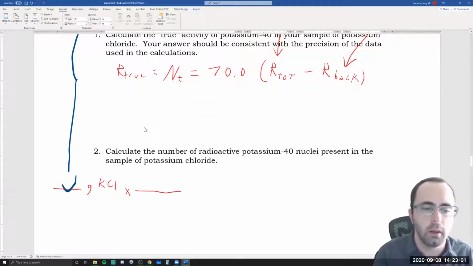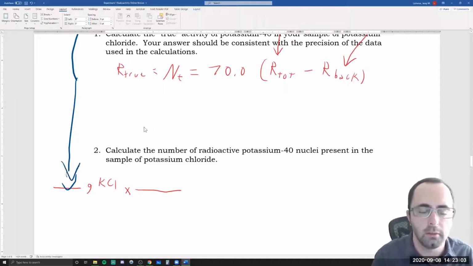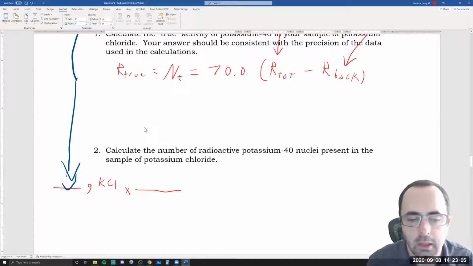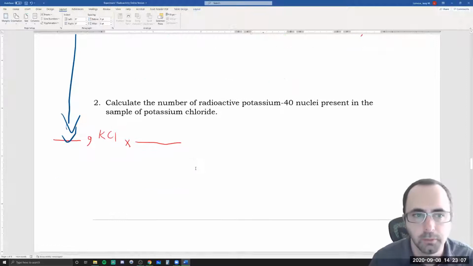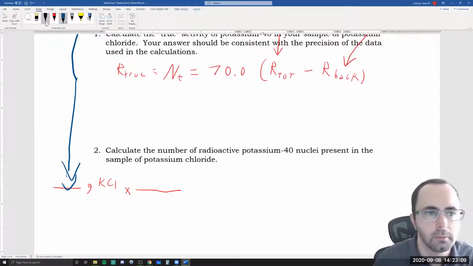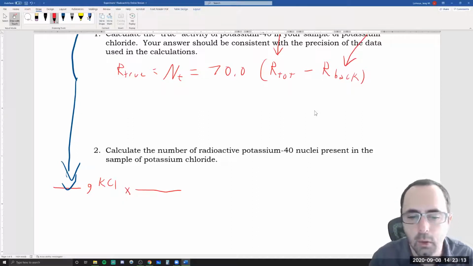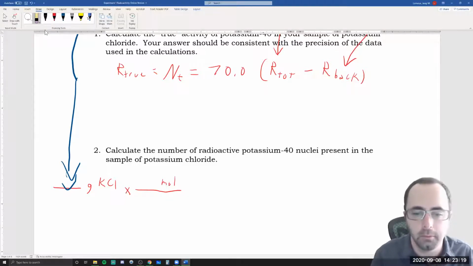It's going to be our grams of KCl. Now we have to convert that to moles of KCl. We want a count of these things. How many?